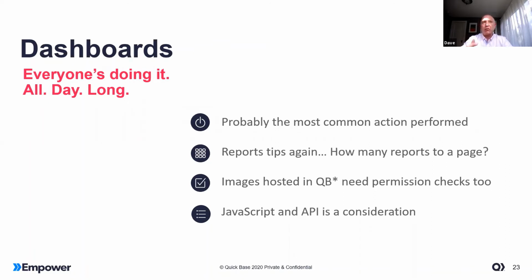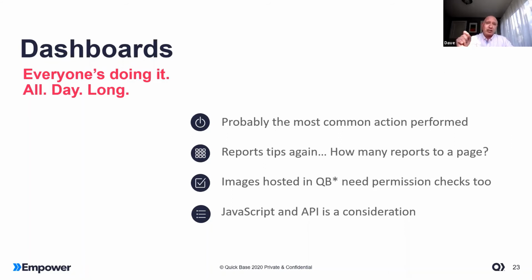Think about how many reports is the optimum number for any given dashboard. Sometimes people just put as many reports on there as they can because they think, why not? It's available to me. Just make deliberate choices about which reports you put on there and why, and for which users in which roles. A lot of people use images like red, yellow, green stoplight icons and things like that.